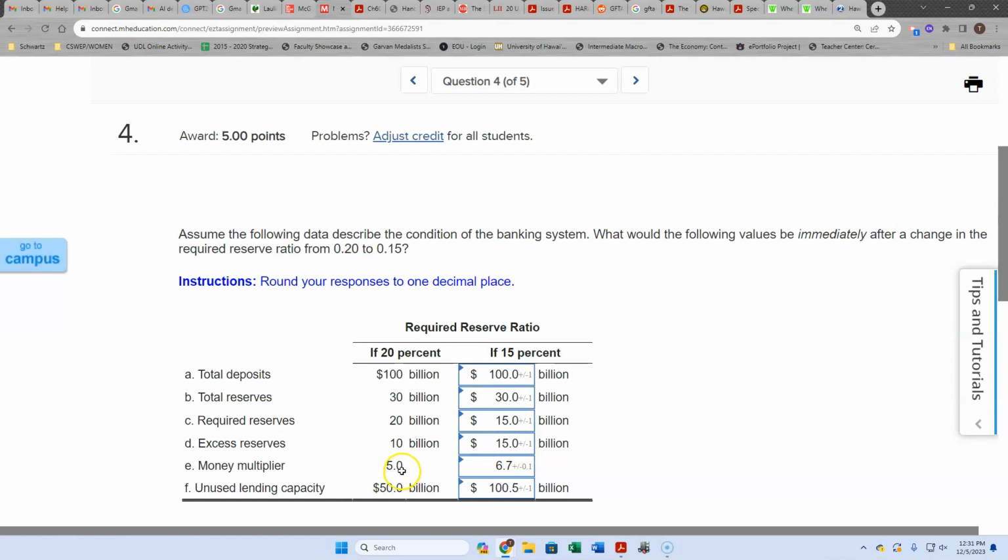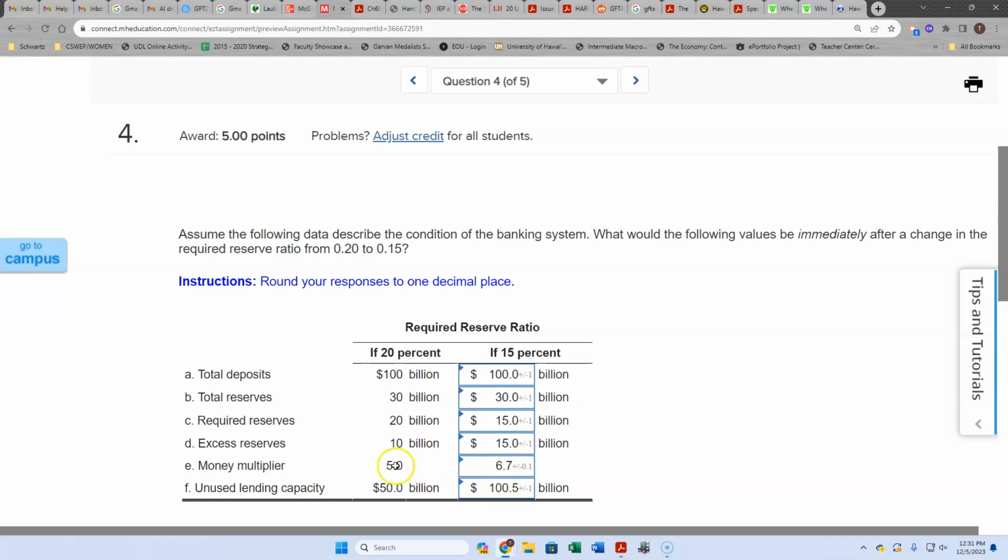This money multiplier of 5 was determined by 1 over 0.2, which is 5. Now it would be 1 over 0.15, which I can confirm is 6.67 or 6.7.